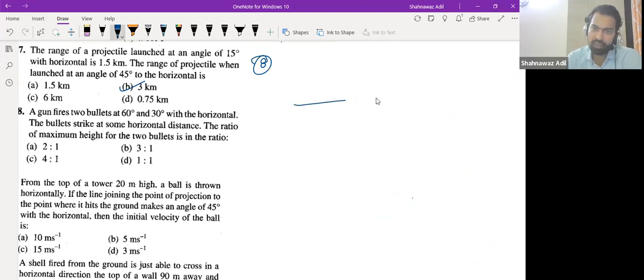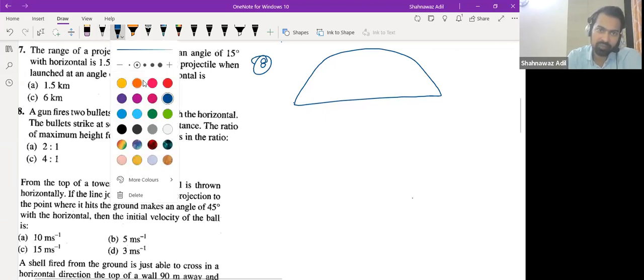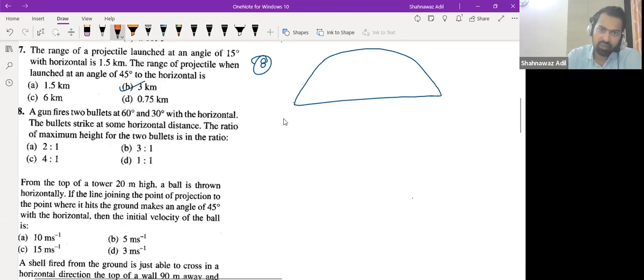So one is this one. Let me make a larger angle. So one is 60 degrees, and then the other one is with 30 degrees.